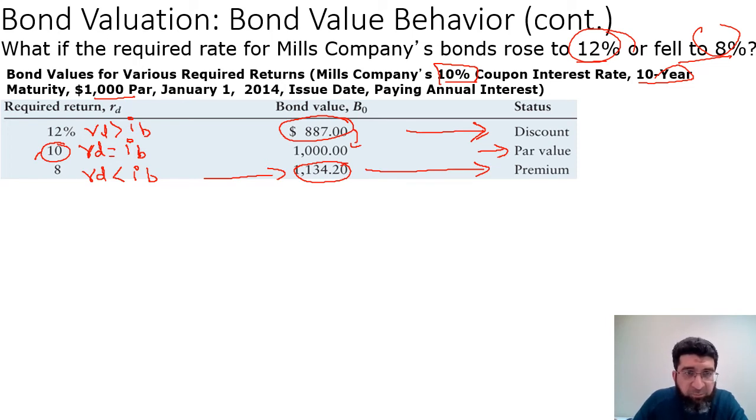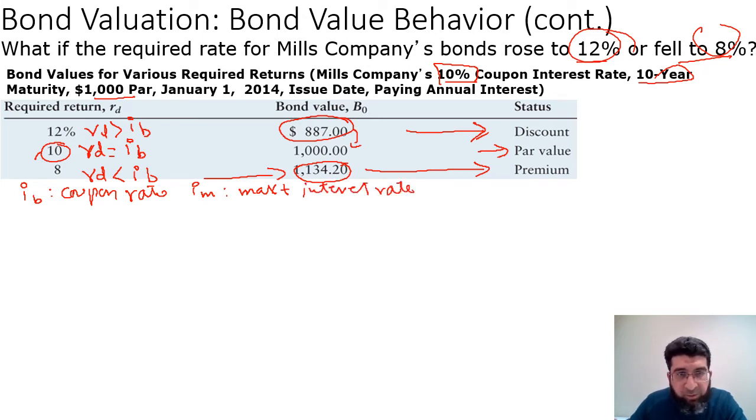So let's identify a few variables. IB is the interest rate, or coupon rate, on the bond. Then we have IM, which is the market interest rate. And then we have RD, which is the required rate of return.